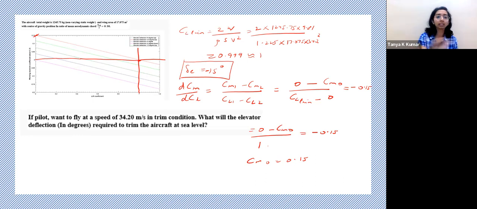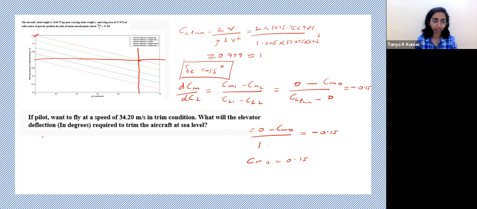Okay, so you can either draw this, which is fairly simple, drawing those two straight lines, but if that is confusing or the graph is not clear, you can go ahead with this method. Take the 2 points, one where CM is 0, which is trim, and one where CL is 0, which will give you CM naught.